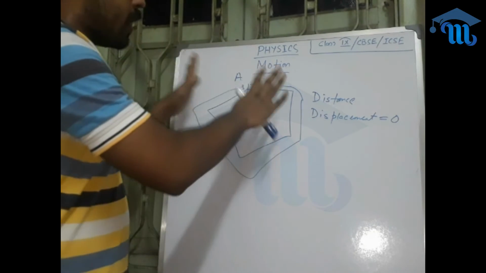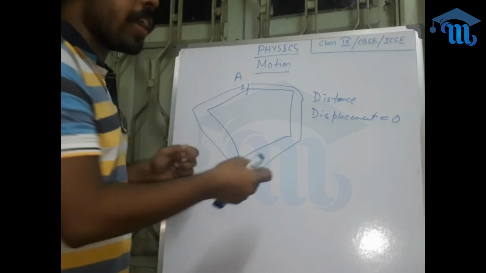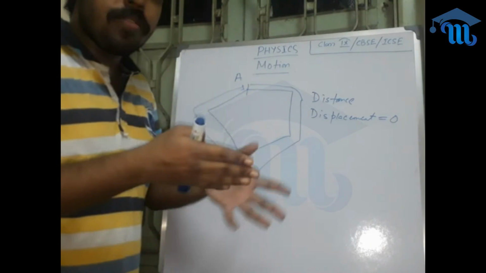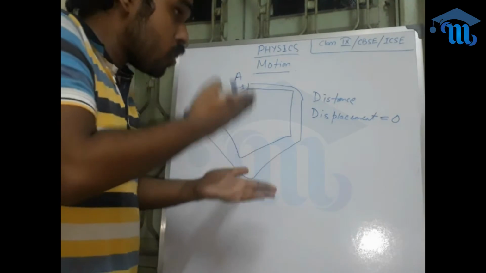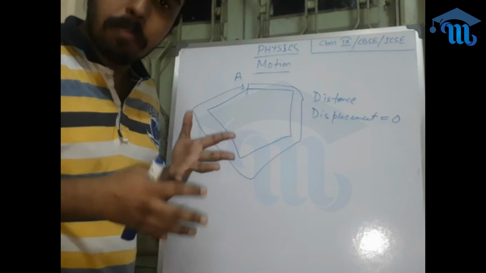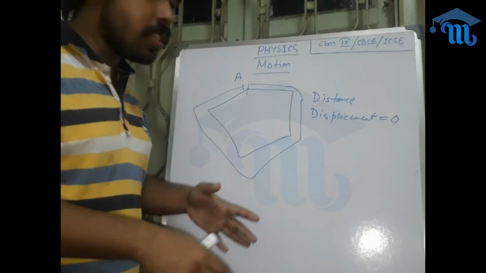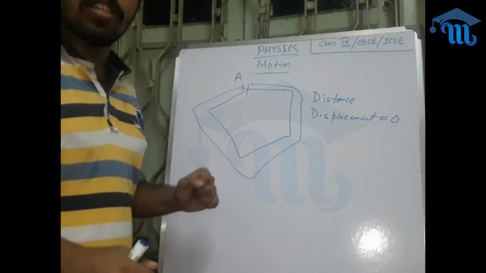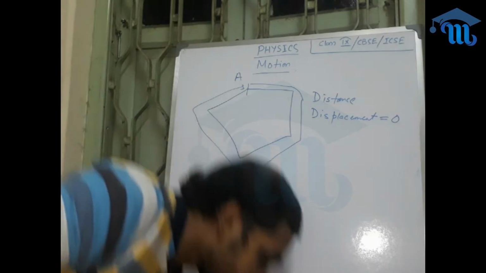It's perfectly clear from this diagram. If you start from a point and end up at that point, there is no difference between the initial and the final point, so your displacement will be 0. But on the other hand, the body travels a certain path, and for that reason it does have a distance. That's the basic difference between distance and displacement.